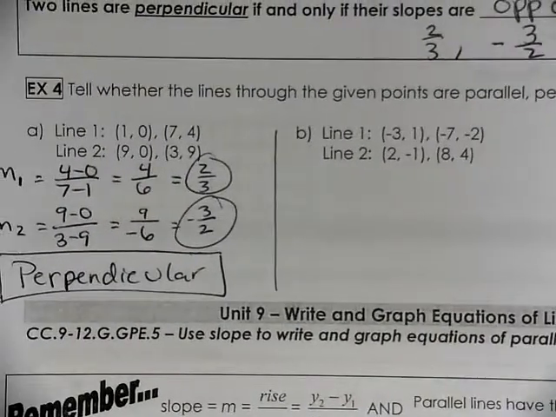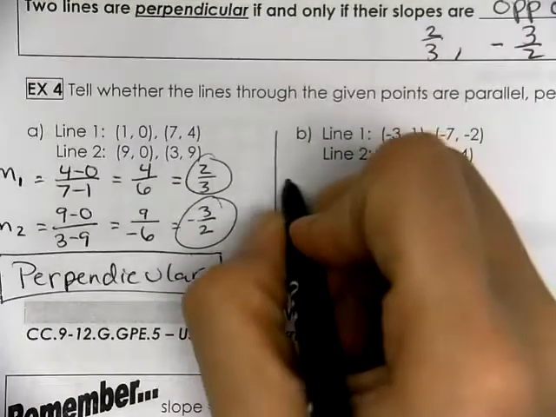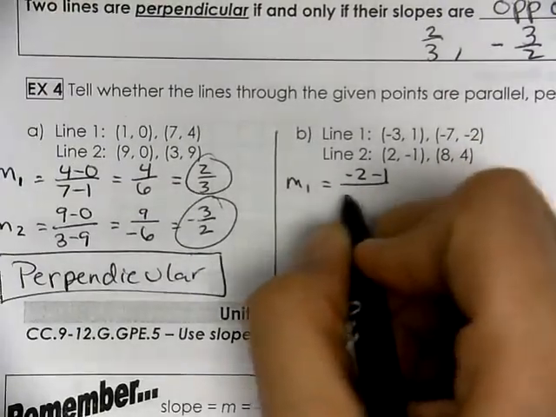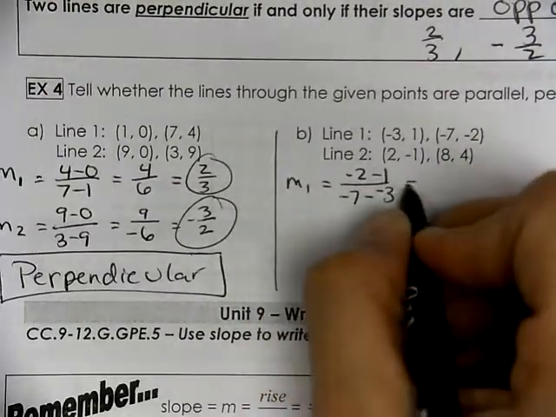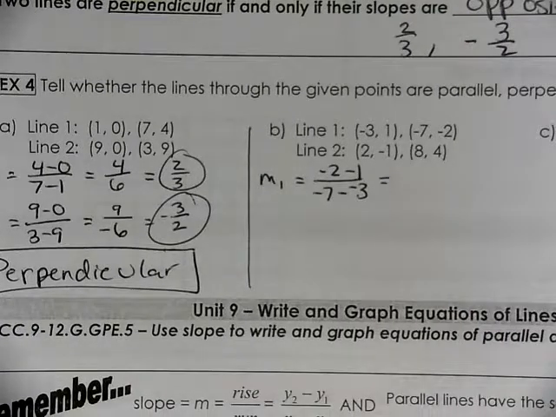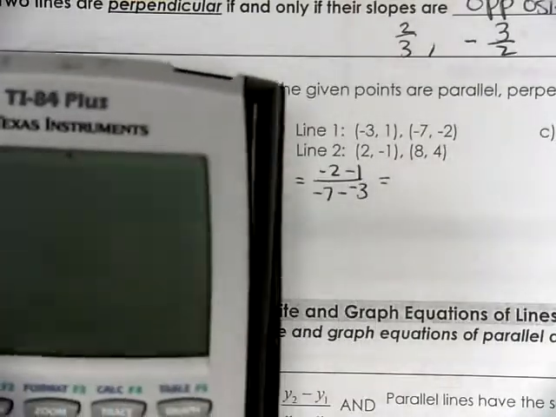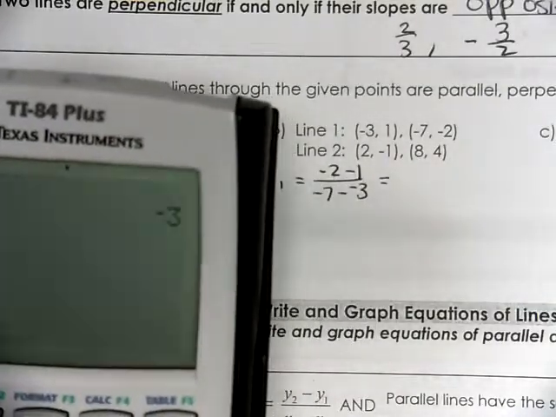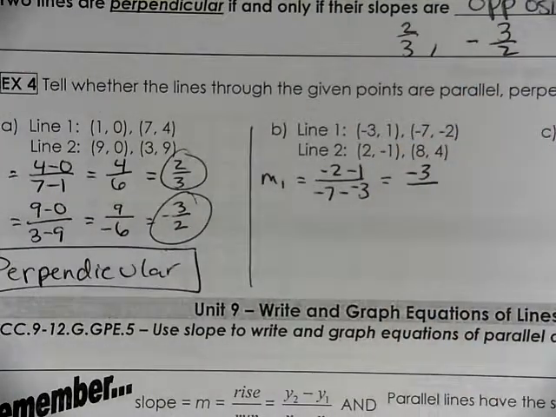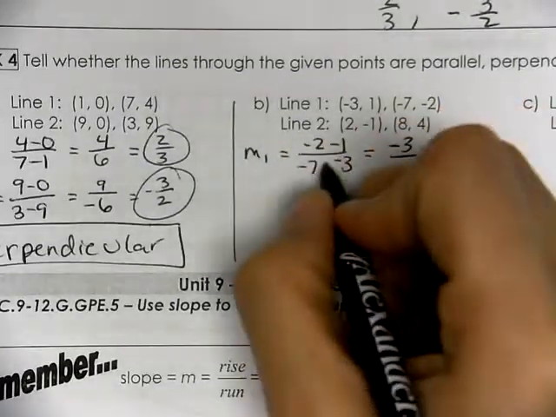So for B, line 1 would be -2 minus 1, -7 minus the -3. Be careful with your negatives, positives and negatives, okay? That's where a lot of people screw up, is they just do the math wrong. If you need to, use your calculator. -2 minus 1. The -7 minus the -3 becomes a plus.